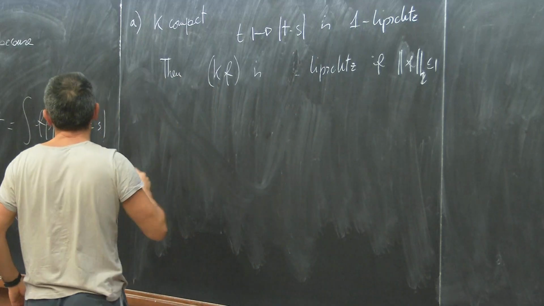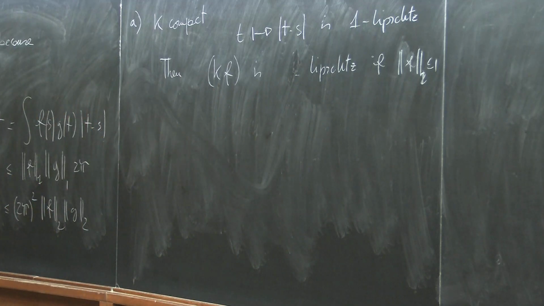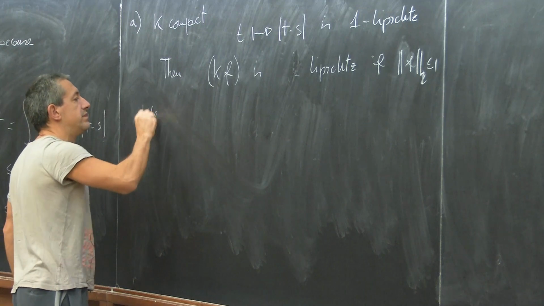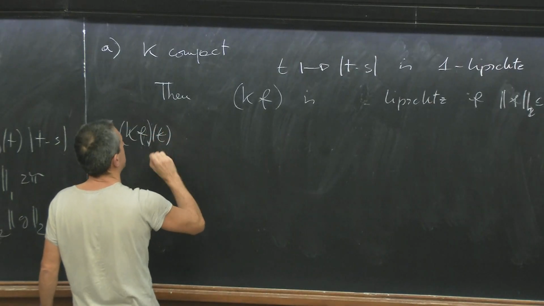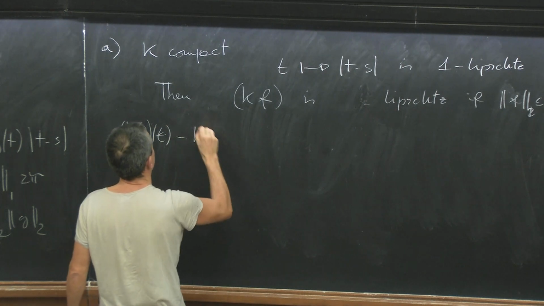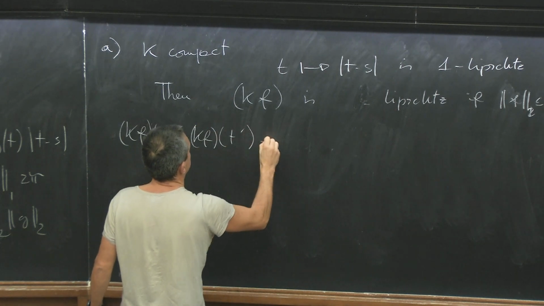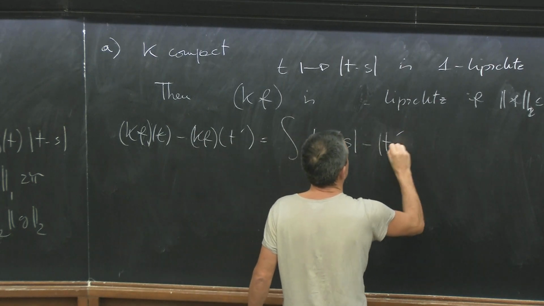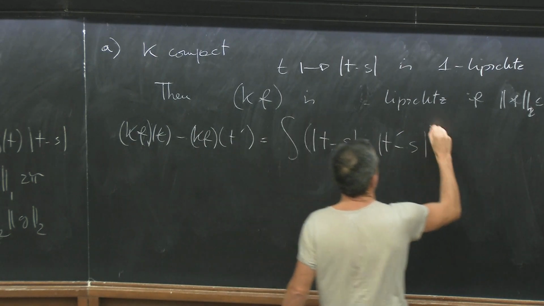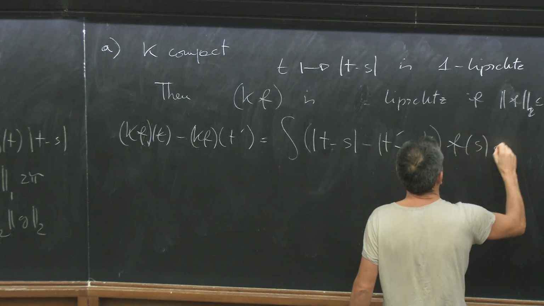So let's compute it. Kf(t) minus Kf(t prime), by definition, is the integral of (t minus s) minus (t prime minus s), times f(s) ds.